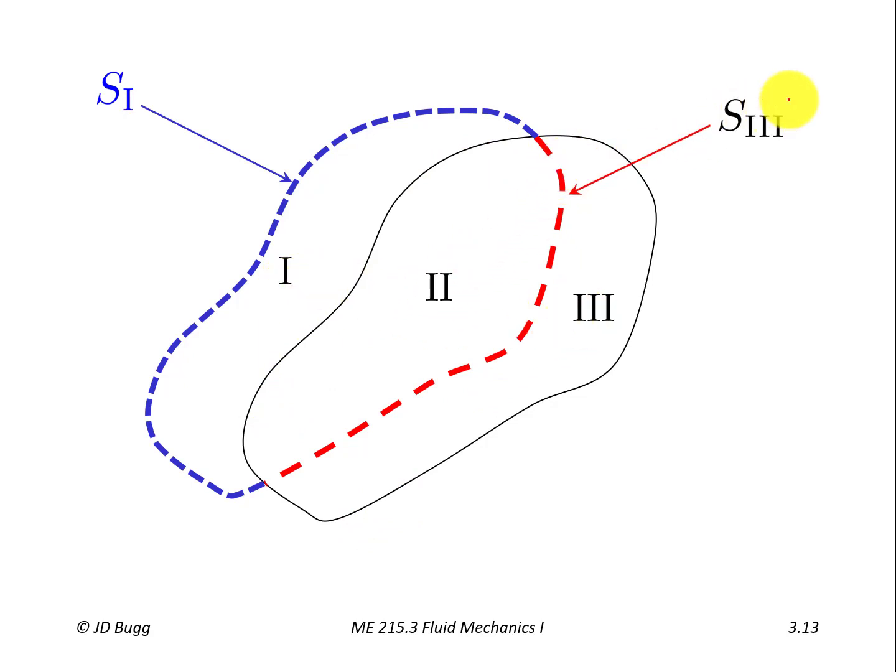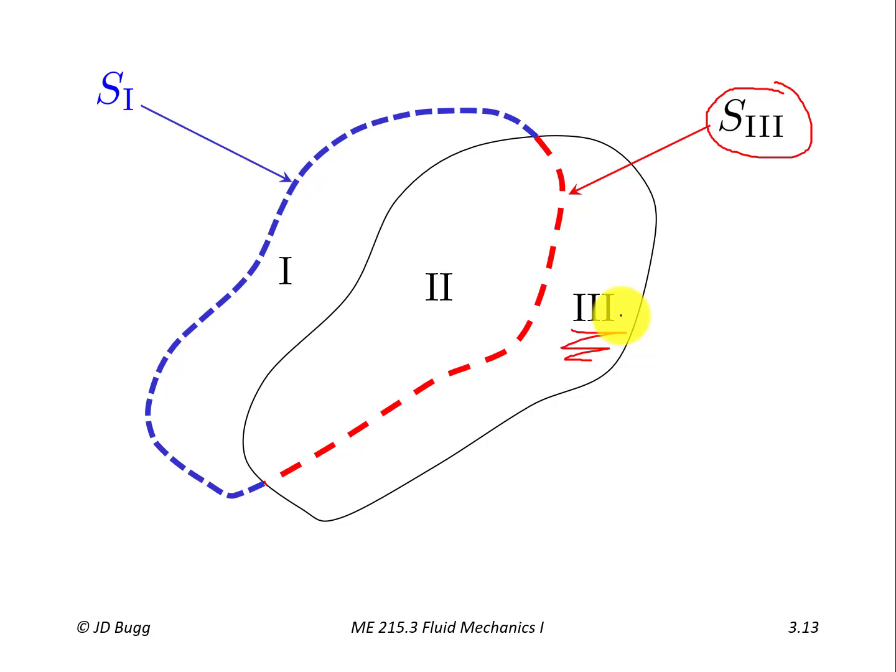The surface that we're going to integrate over in order to figure out how much B there is in region 3 is this red portion of our control surface. So that's so-called surface 3. So when we integrate over surface 3, we're integrating over this red part. So that's all of the outlet portion. That's everywhere where fluid is leaving the control volume to get into this region 3.